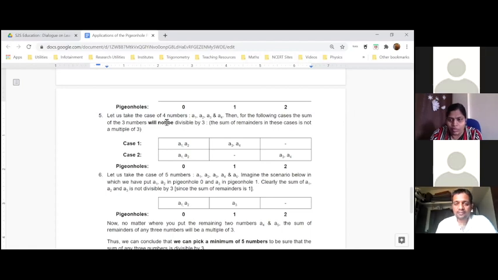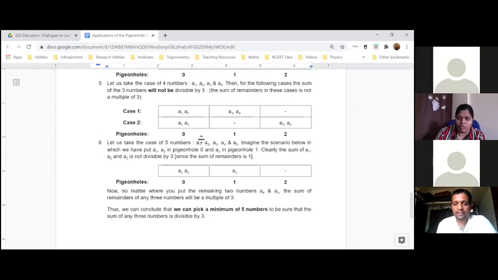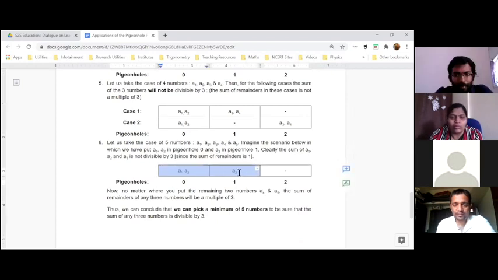If you take the case of 5 numbers, let's say A1, A2, A3, A4, A5, there are 5 numbers. Imagine this scenario: A1, A2 in pigeonhole 0 and A3 in pigeonhole 1. Then there are A4 and A5.